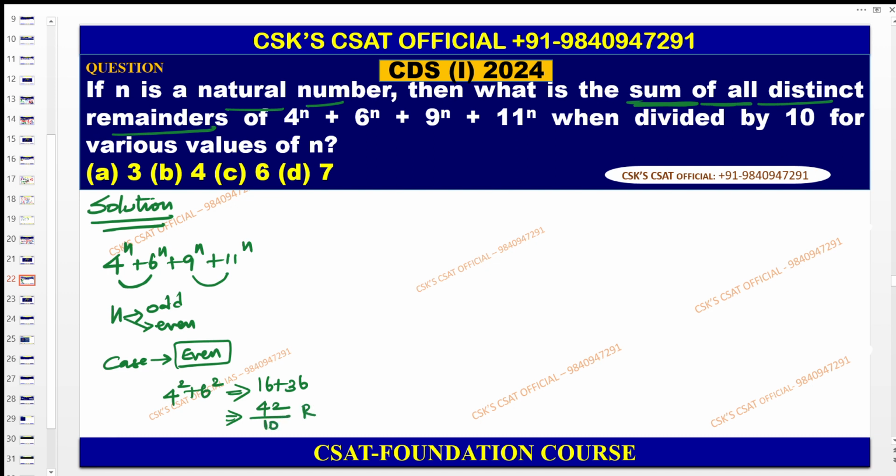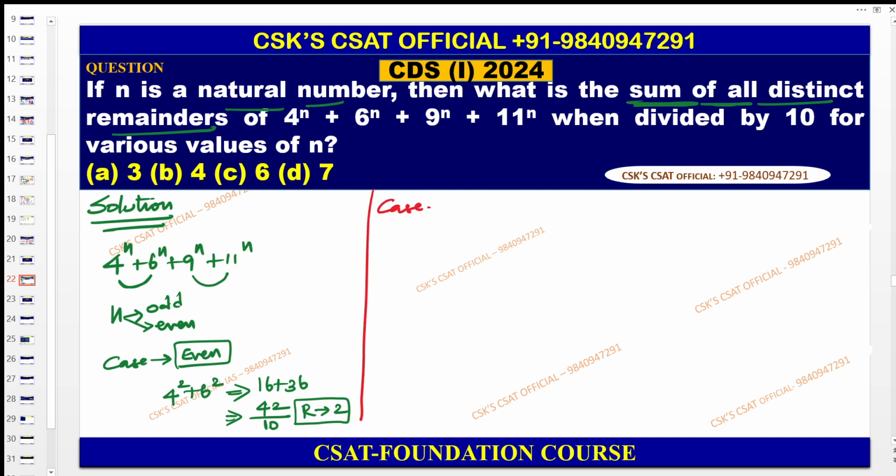The question is focusing on the remainder, so this is 2. Just find one remainder for the even case, because they are saying distinct remainder. If you use 4 power 4 plus 6 power 4, then also you will get the remainder 2. Distinct means you can take it at least one time, that is more than enough.